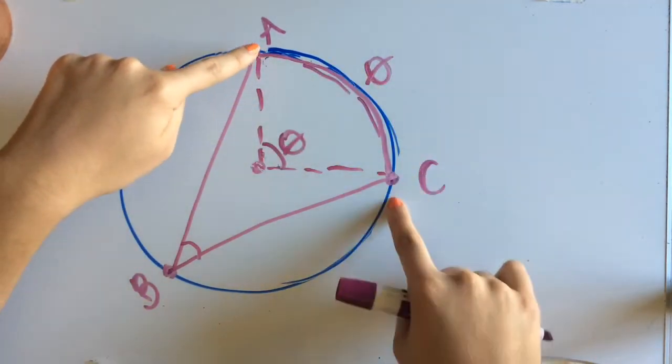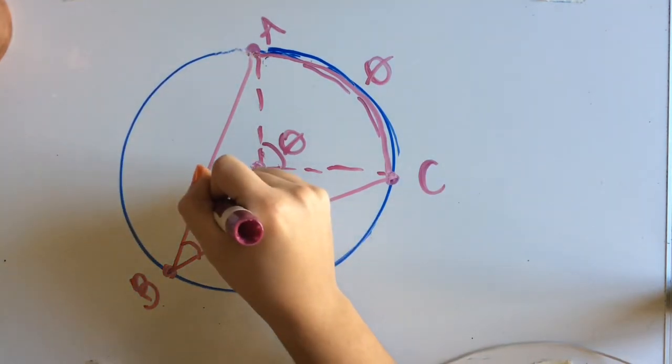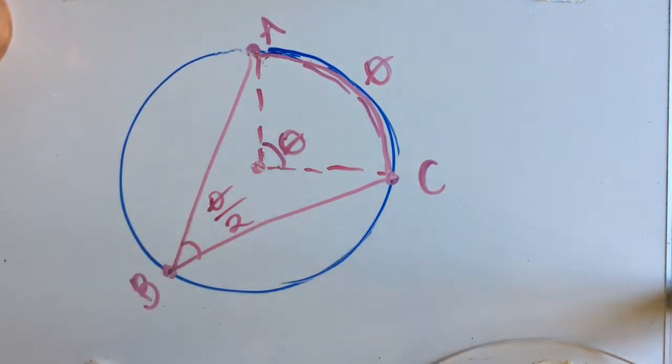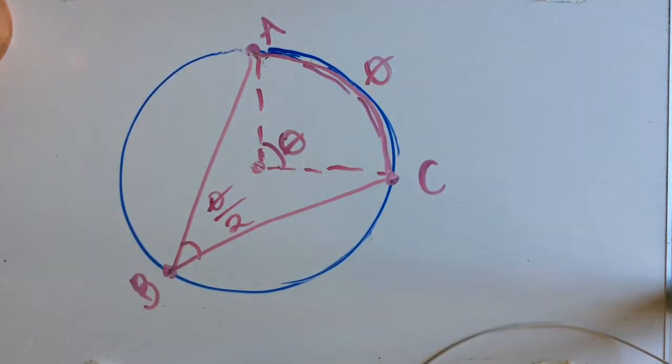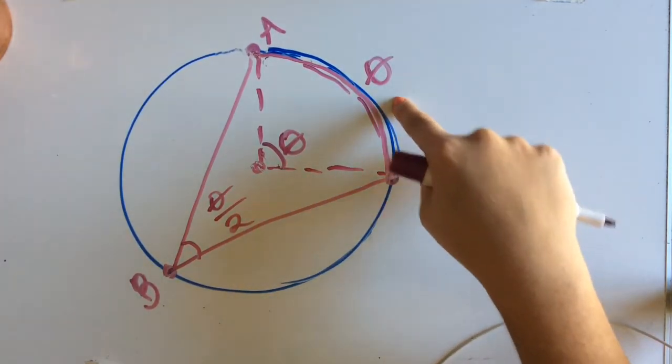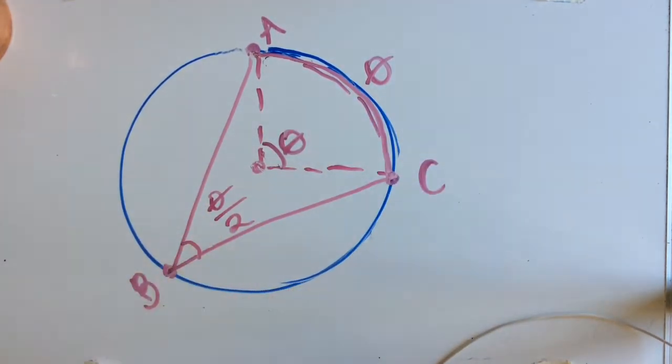So if this arc is theta, then this angle is half of theta. Or if we call it X, then angle B would be half of X.